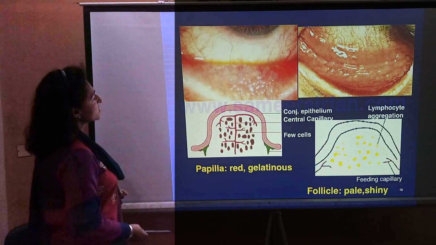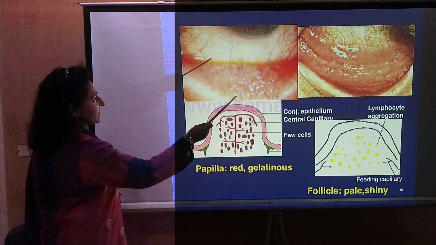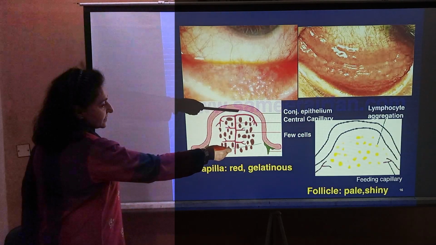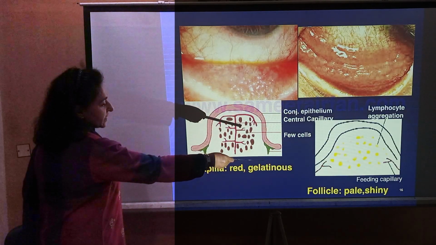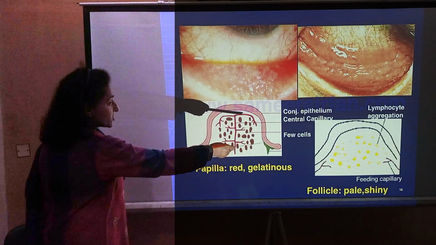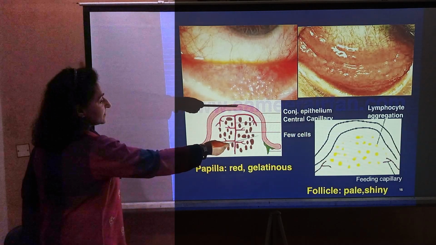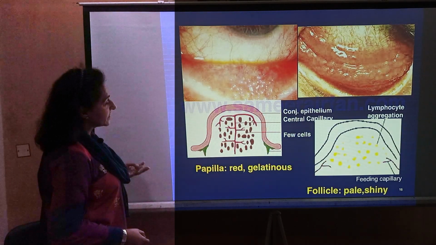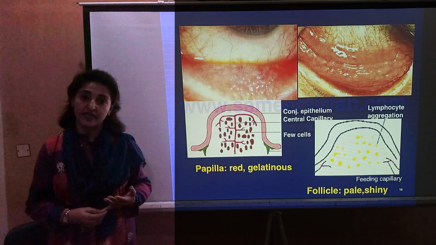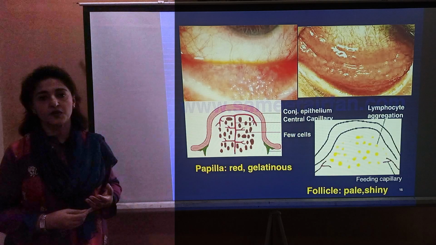On the other hand, follicles are specific and they are pale in color, and they are due to the aggregation of lymphocytes. They are a sign of viral infection, or a sign of drug irritation, chronic drug irritation.